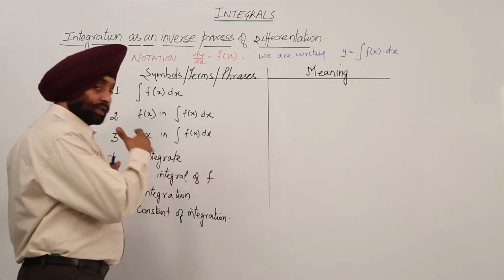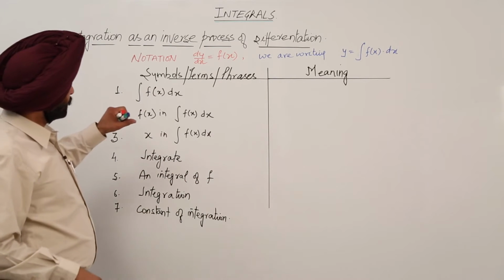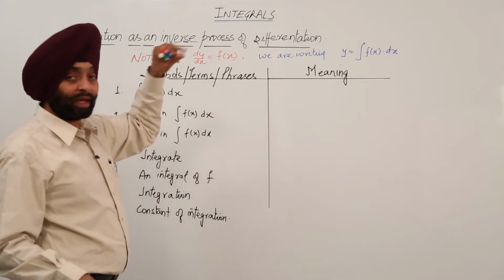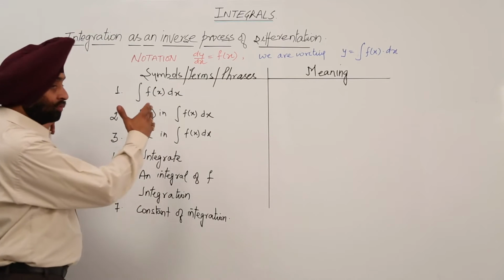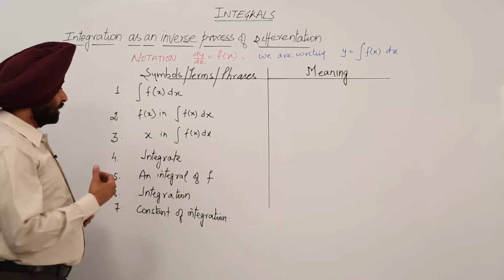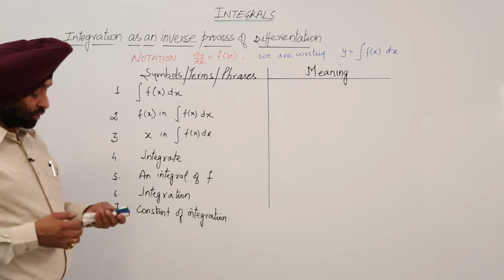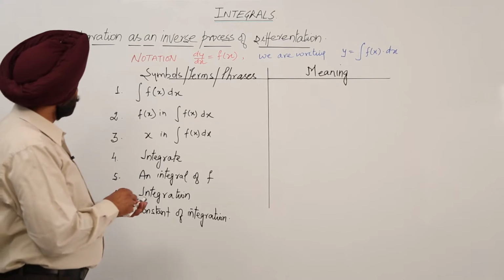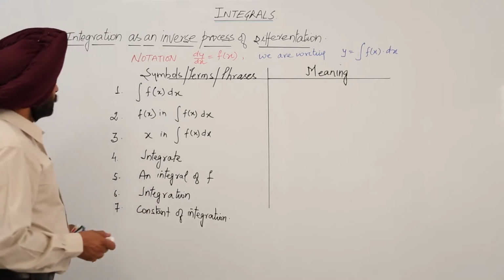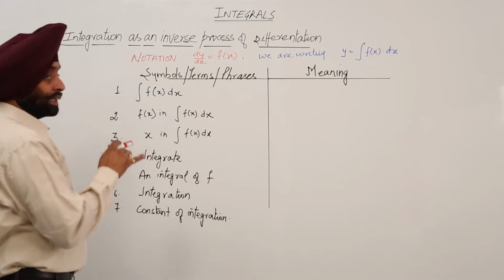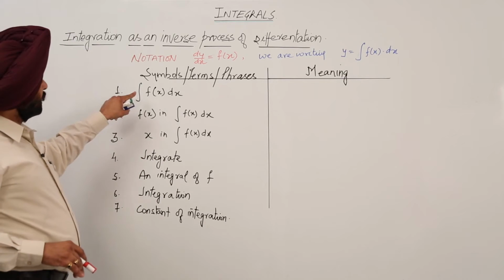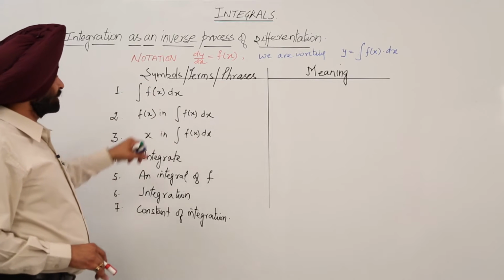Now I have drawn a table here. It is titled symbols, terms and phrases. We have exactly gone through this symbol. Now what does this represent? Number 1, integration, written as this symbol for integration, with f(x) dx. What does it mean?